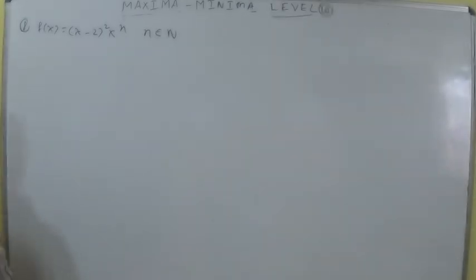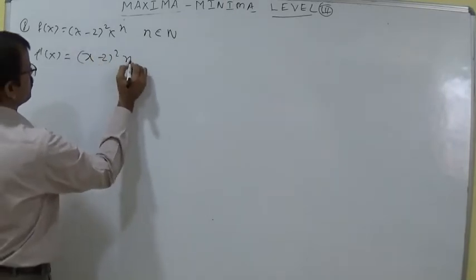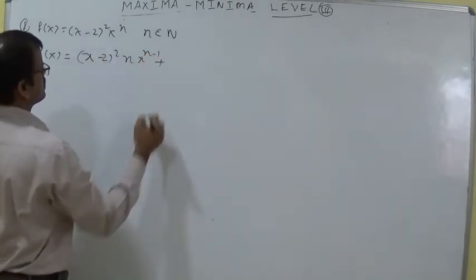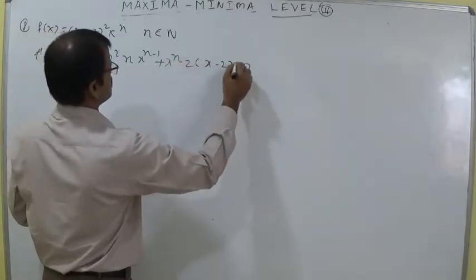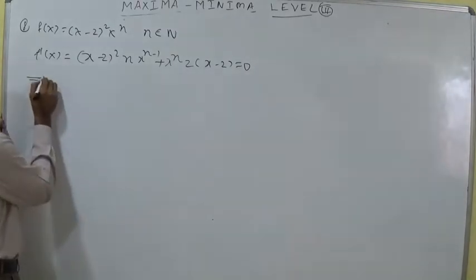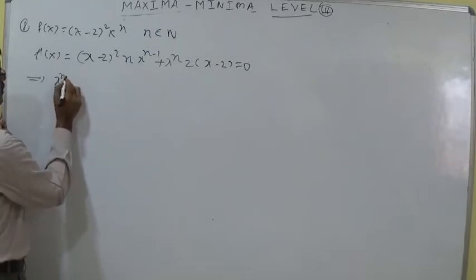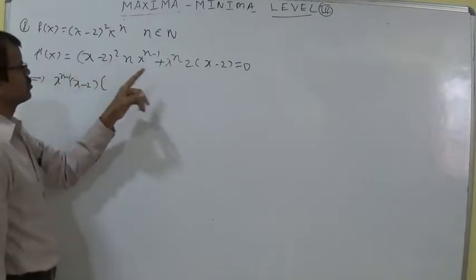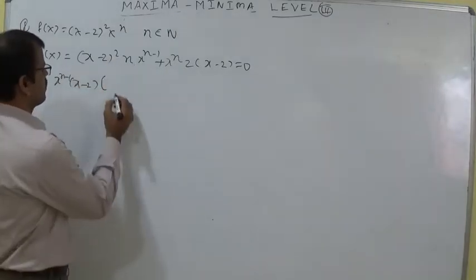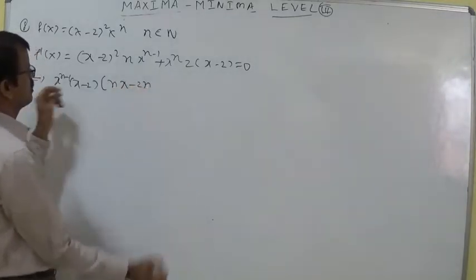Let us discuss about the f dash x. F dash x is equal to, this is the UV method, x minus 2 whole square into n into x power n minus 1 plus x power n into 2 into x minus 2 is equal to 0. That implies here you can take common x power n minus 1. X power n minus 1 into x minus 2 taken common here. Whenever you take x power n minus 1 common, here n and x minus 2, so nx minus 2n you write.